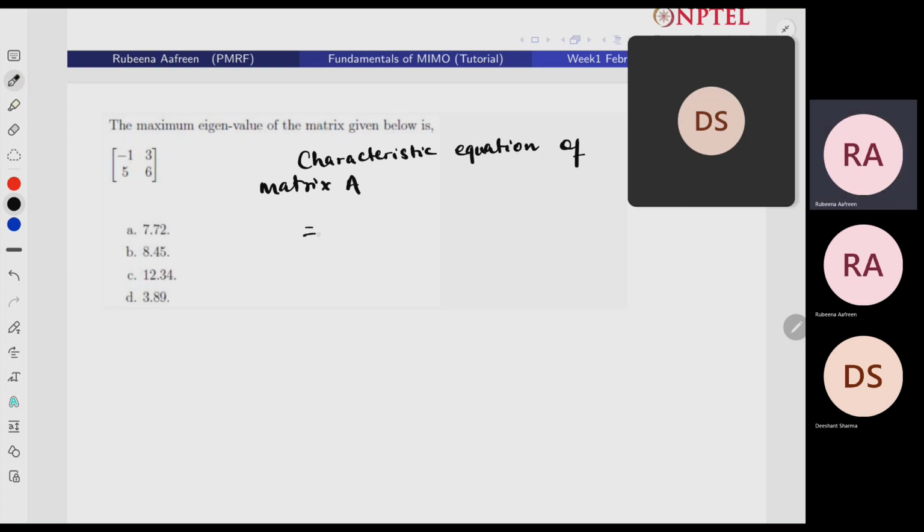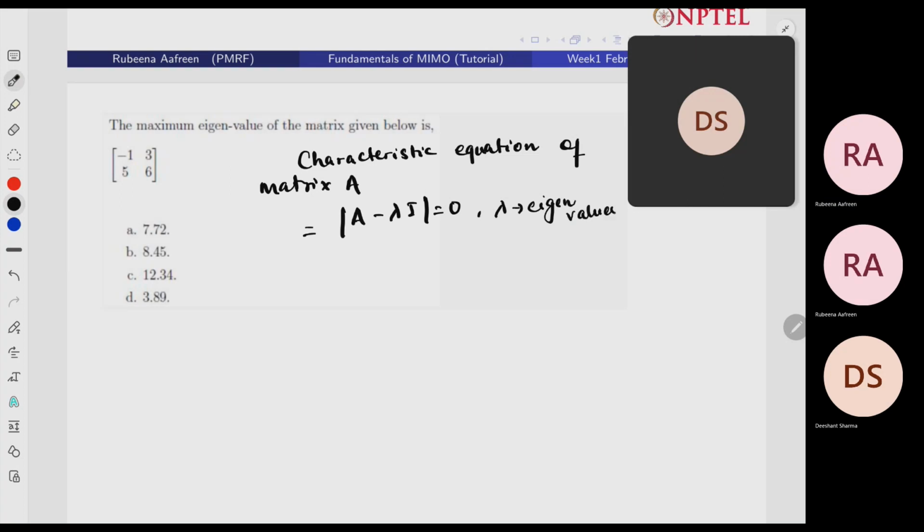This is given by determinant of A minus lambda I equal to 0, where lambda are the eigenvalues. So we do this, and the roots of the characteristic equation give the eigenvalues. I'll try to solve it once.